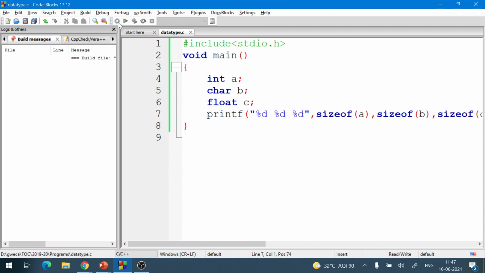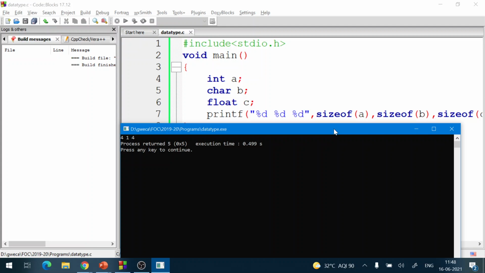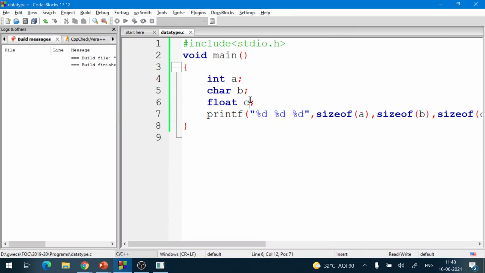Let us compile this. It is compiling properly. Let us run this. So the answer given was 4, 1 and 4. So integer a takes size 4, float also takes size 4, and character takes size 1.